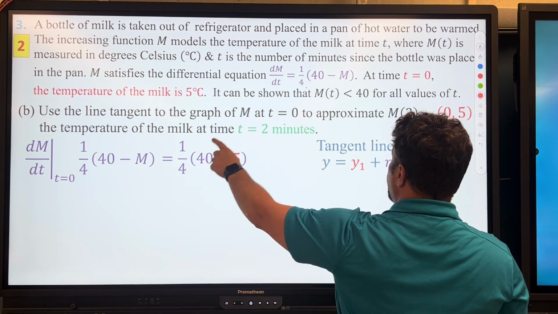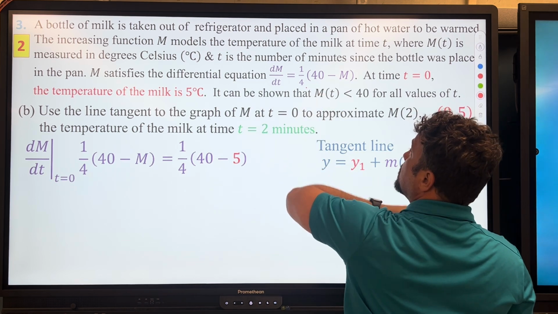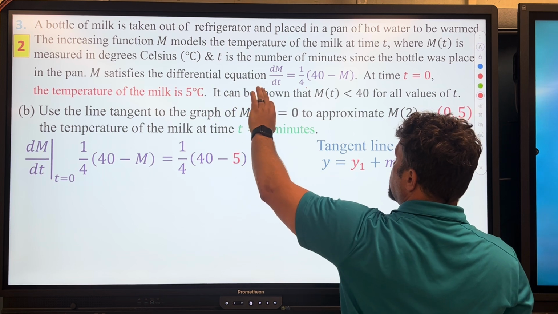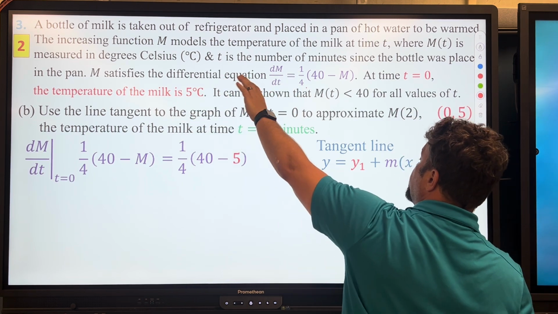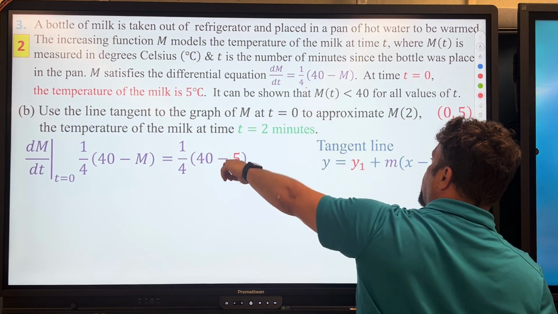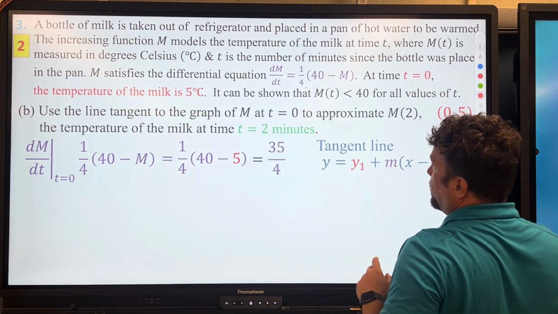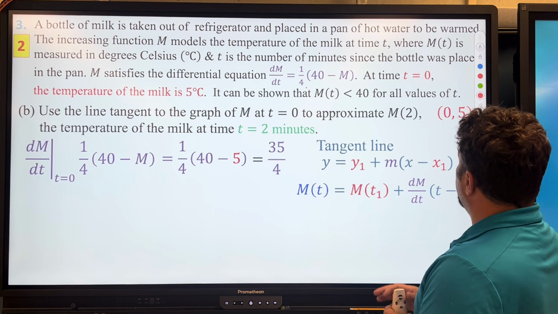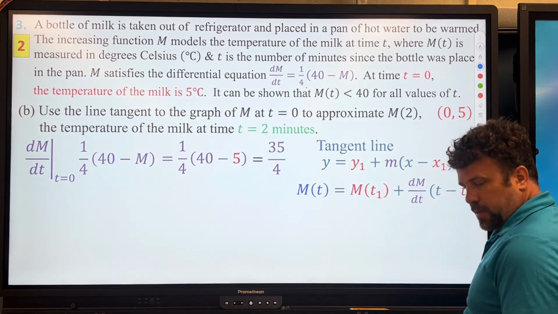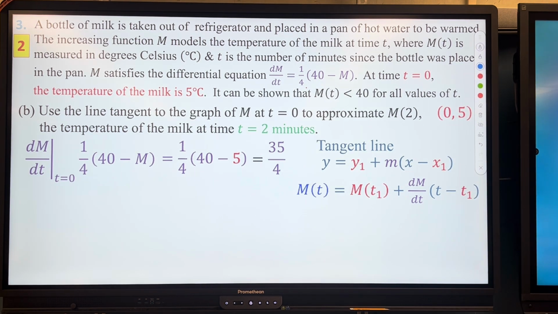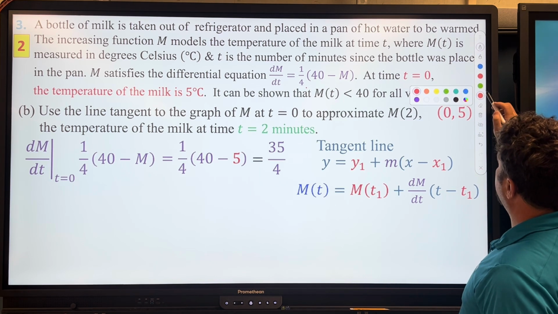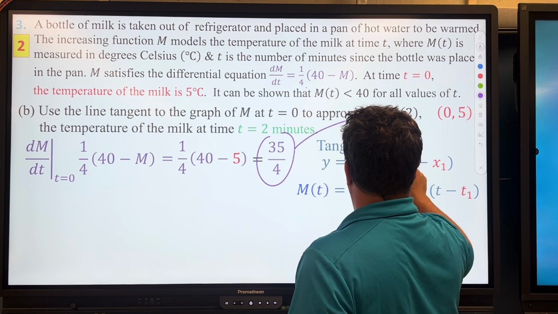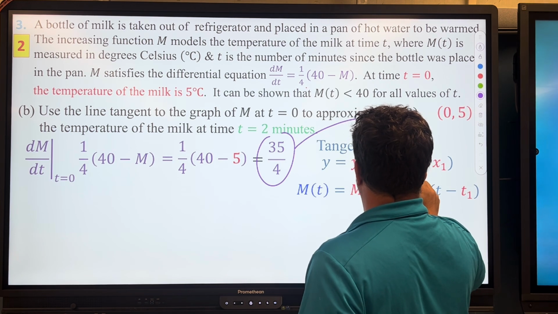So the slope of the milk equation, dm/dt, is 1/4 of 35. We can plug that right in here. Sometimes these questions are too easy. They actually make me think I'm doing it wrong. So that's going in for my slope, which is this.